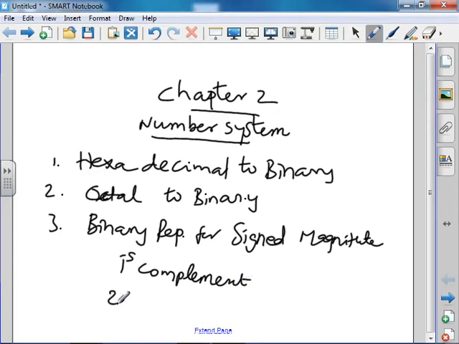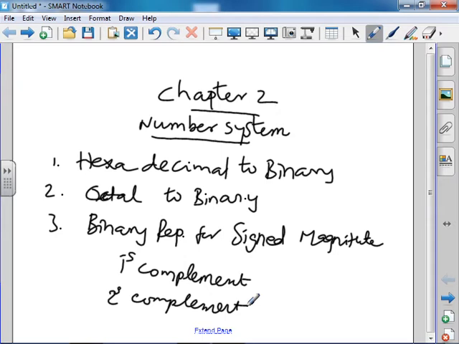So these are the topics we are going to study today: hexadecimal to binary conversion, octal to binary conversion, binary representation for signed magnitude number, then 1's complement and 2's complement.